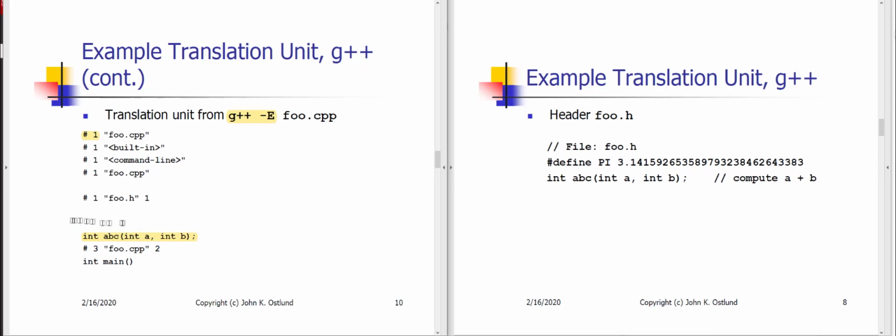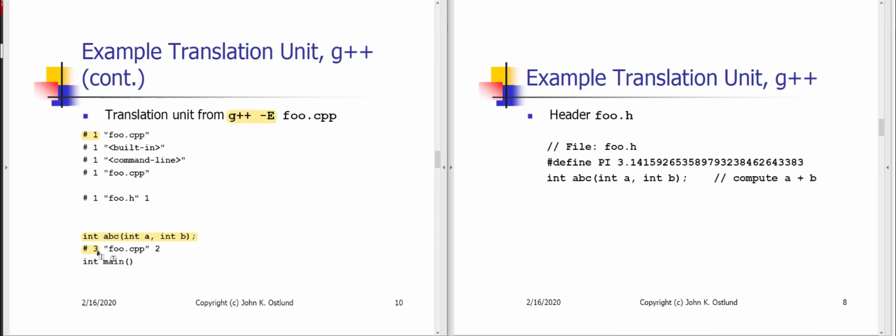That doesn't actually pass any information on into the translation unit. The preprocessor simply knows now, from this point on, where it sees the token pi, it should replace that token pi with this sequence of characters, 3.1415, etc. Okay, so those are the 3 lines from foo.h that are passed on to the translation unit after the preprocessor has included foo.h and processed its lines.